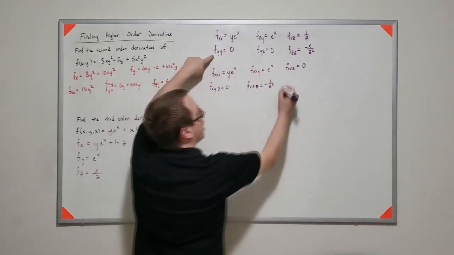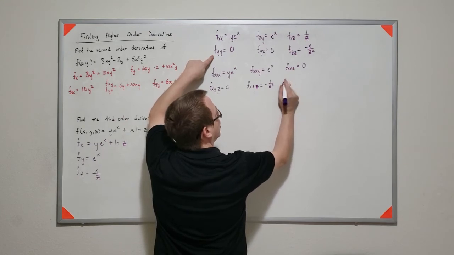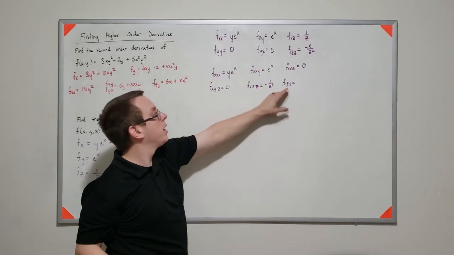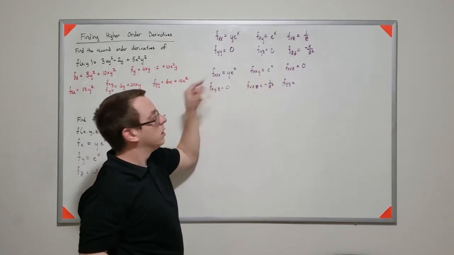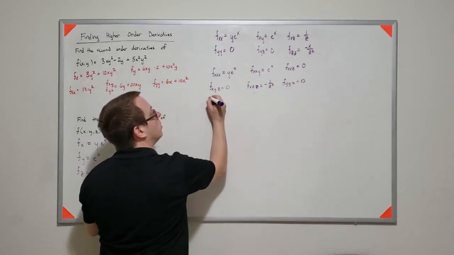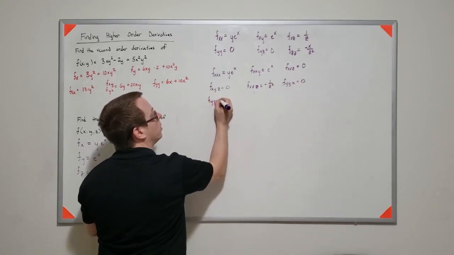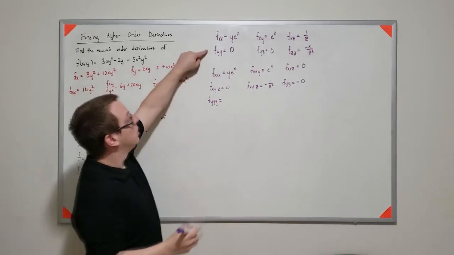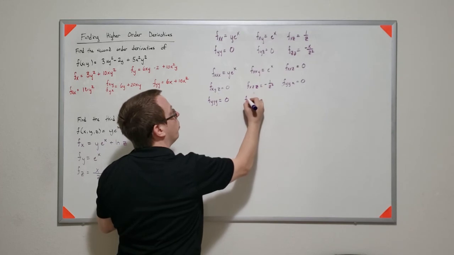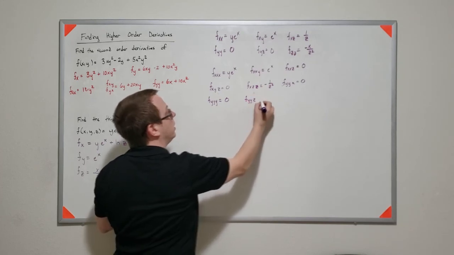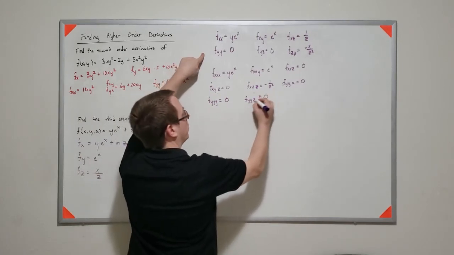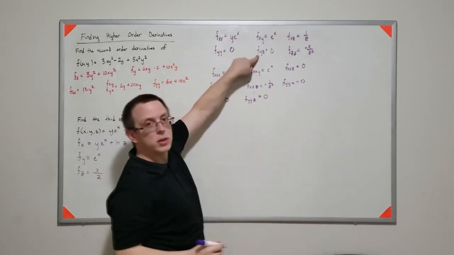So now we do this one, fyy x. Do I need to do fyyx? Yes, I do. So that's 0. fyyy is also 0. Do I need to do fyyz? The answer is yes. Again, it's also 0. All right, now let's do this one.